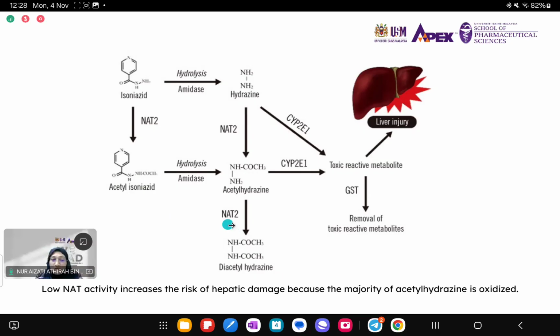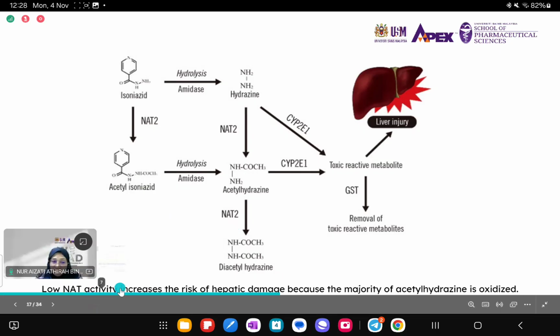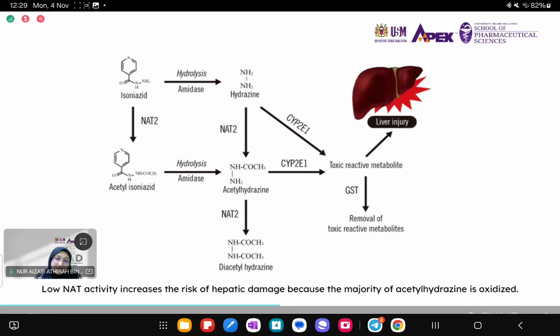Tapi if there is a low activity of NAT2 in the process of metabolism of isoniazid too, then it leads to a higher level of toxic reactive metabolite. So the patient might get liver injury.